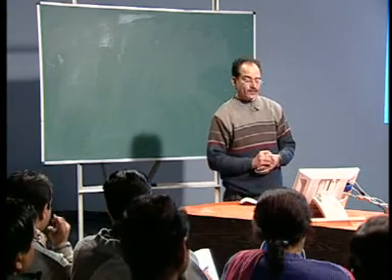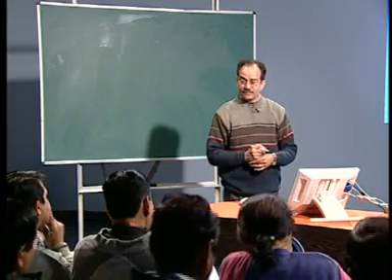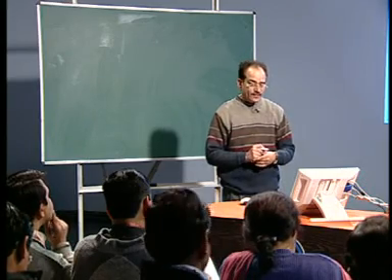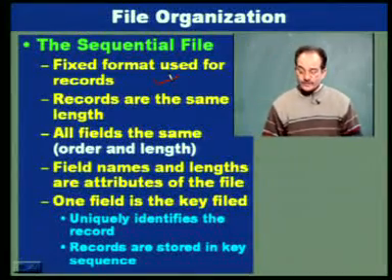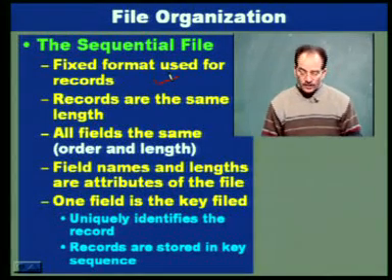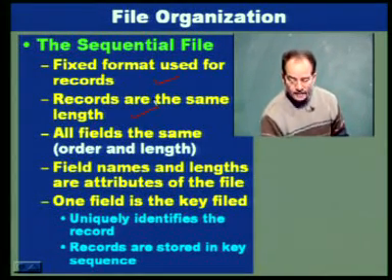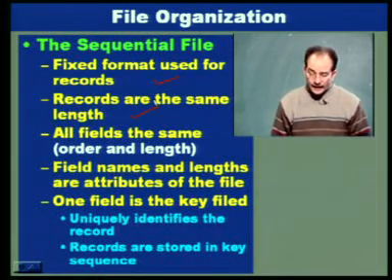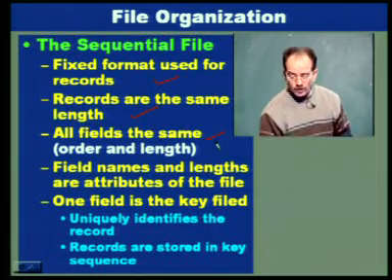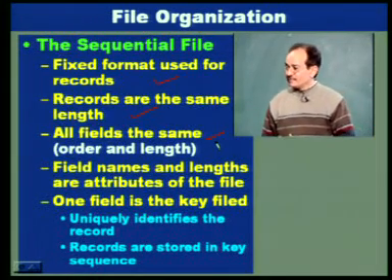Now, next we have sequential files. My sequential files have a fixed format used for the records, and all records are of the same length. Whatever records are there, they are of the same length, and all fields the same, maybe order and the length are the same.